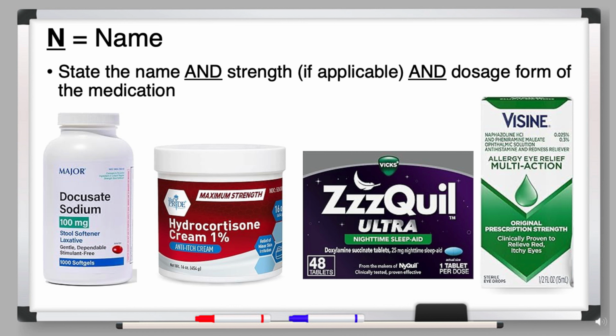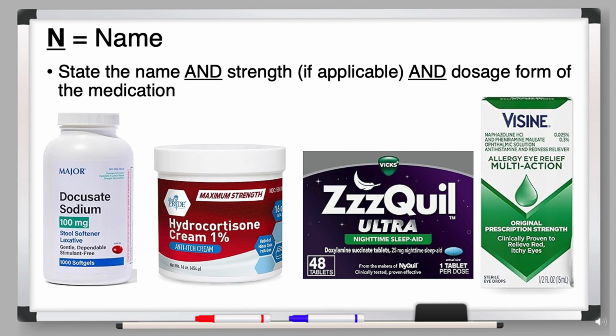So examples for this would include ZQuil Ultra nighttime sleep aid, which contains doxylamine 25 milligram tablets. And then lastly, we have Visine allergy eye relief multifunction eye drops, which contain naphazoline 0.025% and pheniramine 0.3% ophthalmic solution.